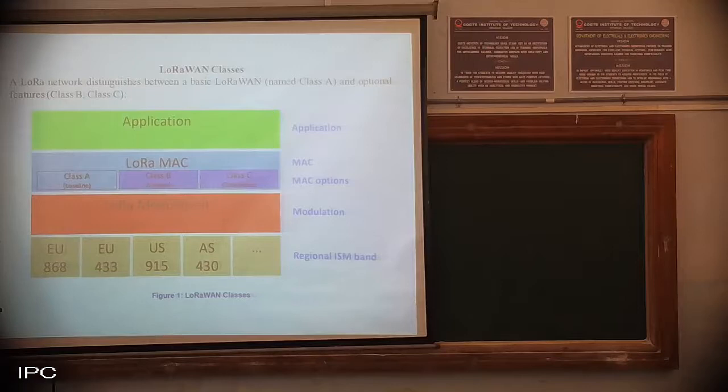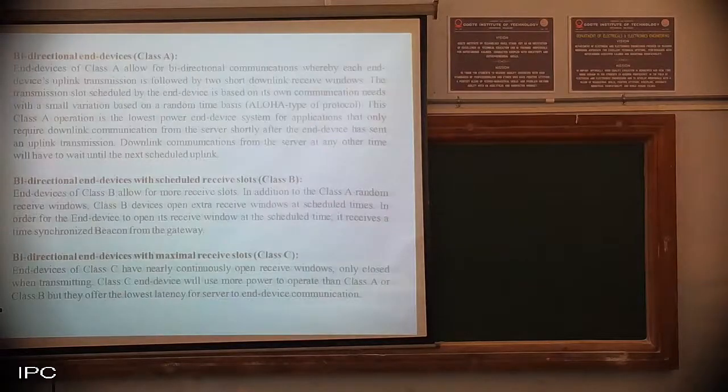Class A is basically a bidirectional end device, and whenever we ask for the data, only then those sensors will sense and send the data to the gateway, and from the gateway to the network server. That kind of sensors we classify into class A, and class A devices always consume the least power compared to class B and class C.